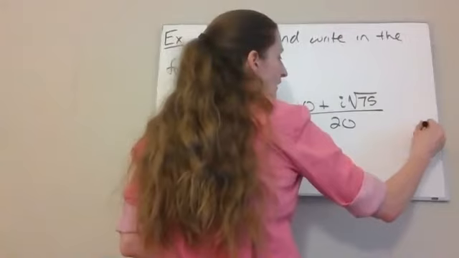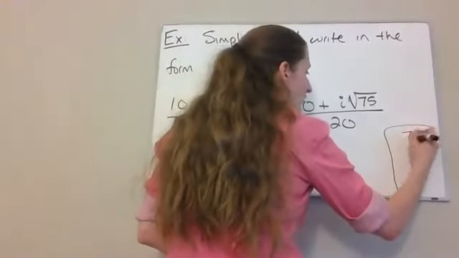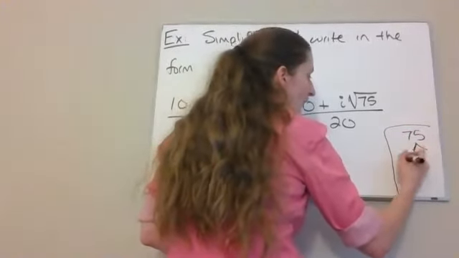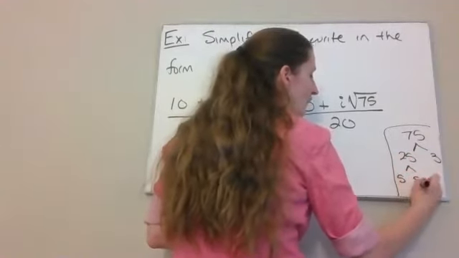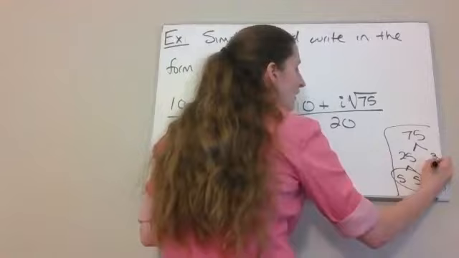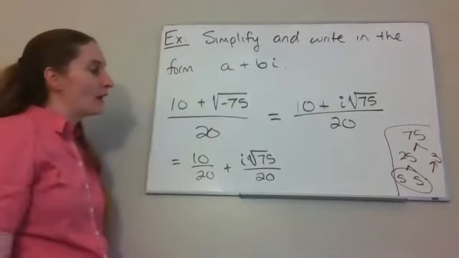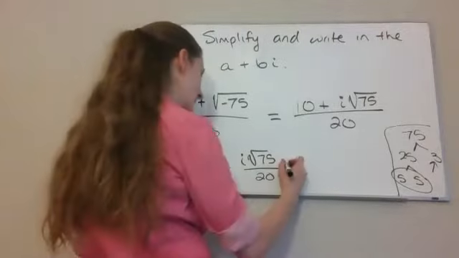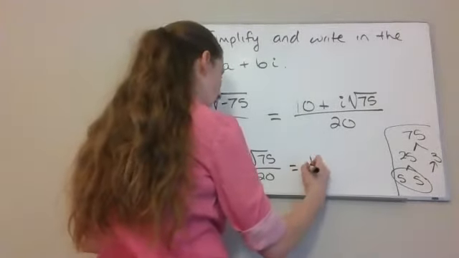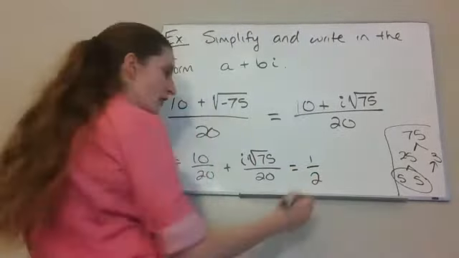So let me do a little scratch work over here. 75 is 25 times 3, and 25 is 5 times 5. So I know the square root of 75 simplifies to 5 times the square root of 3. So simplifying my first fraction, I have a 1/2.